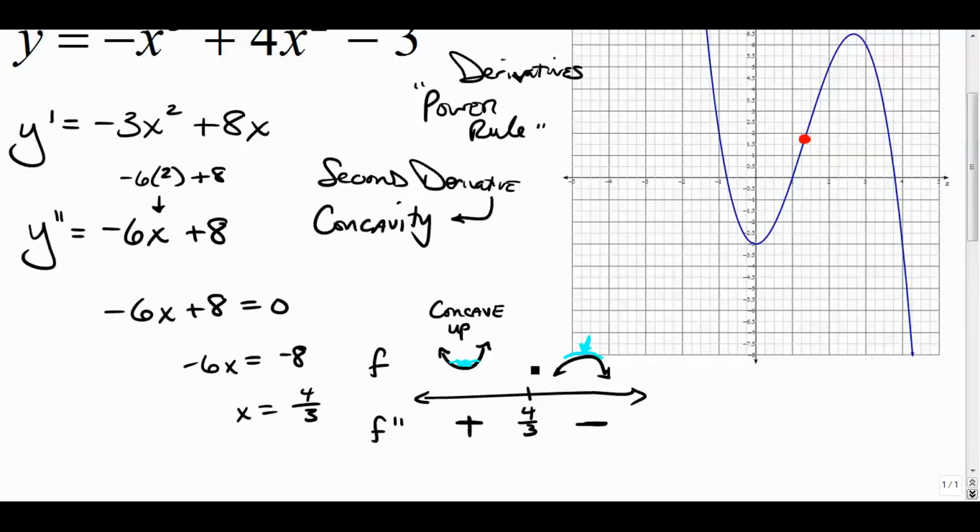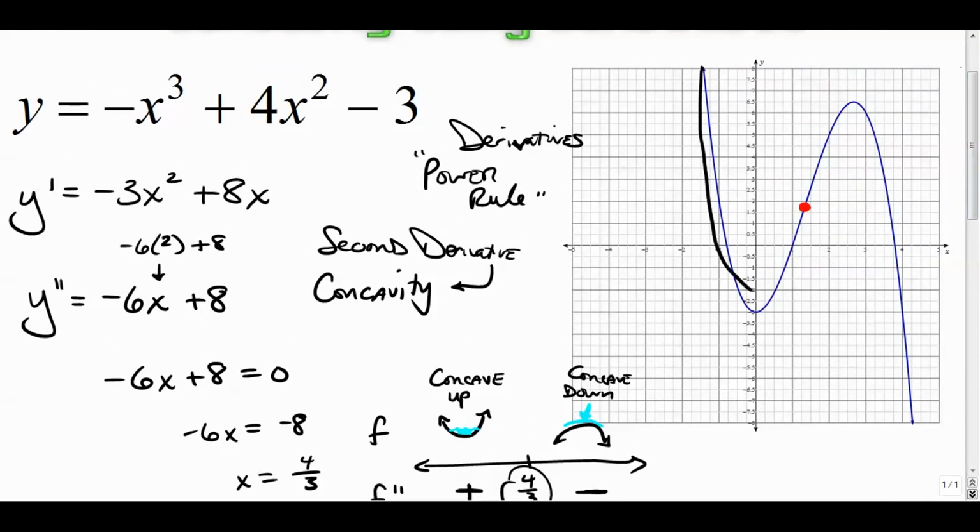Where the graph changes from concave up to concave down is called the inflection point. So the graph from negative infinity to here is concave up, and from there to positive infinity is concave down.